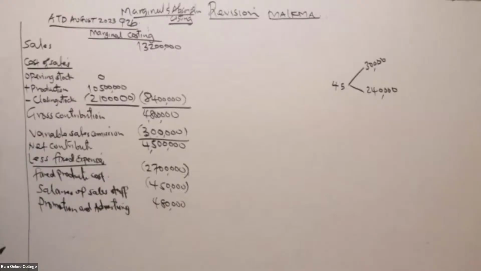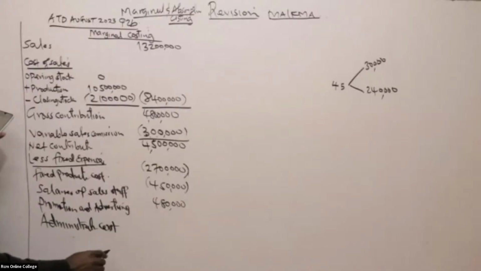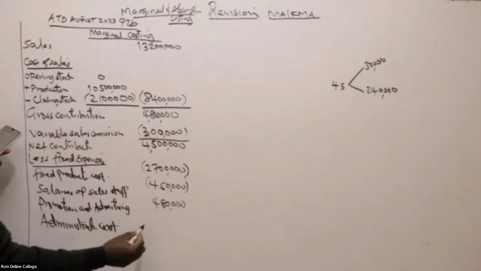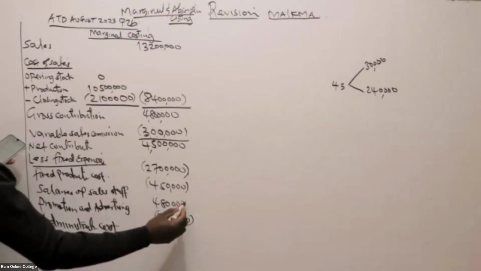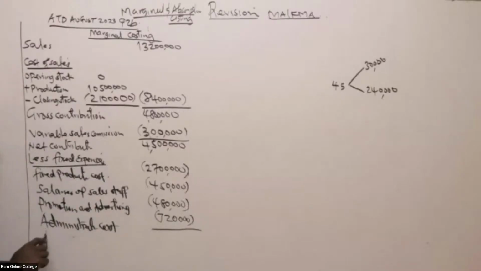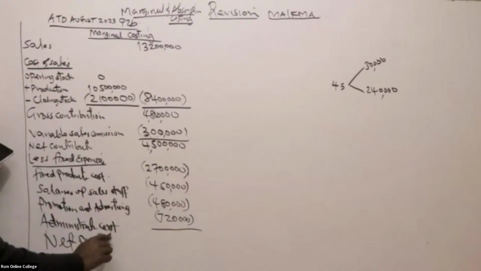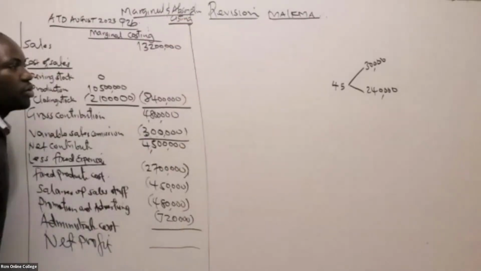Then of course we have what we call administration costs of 720,000. When you now less all these expenses, what are you getting as the net profit as per marginal costing? What is your net profit as per marginal costing?